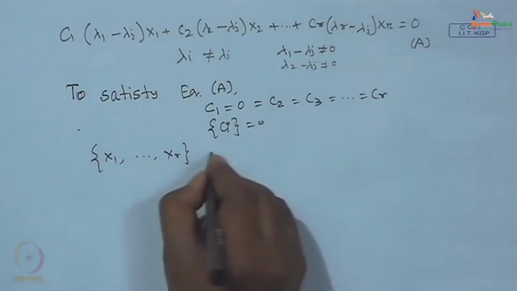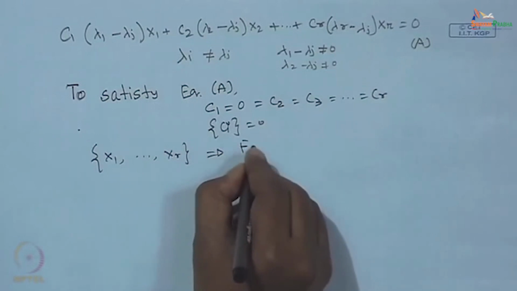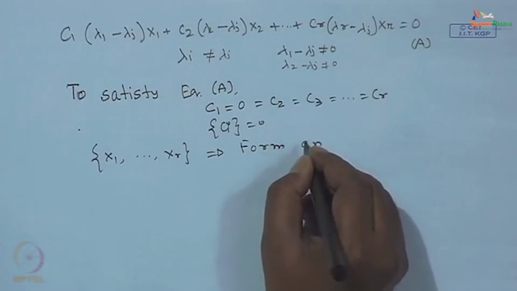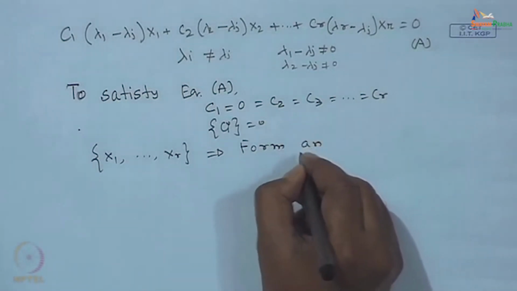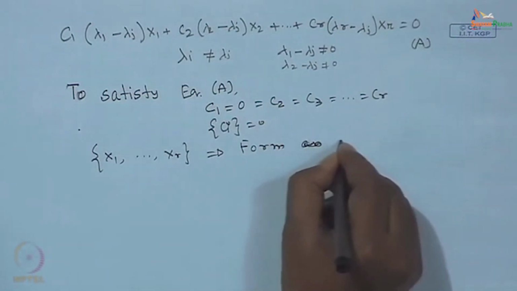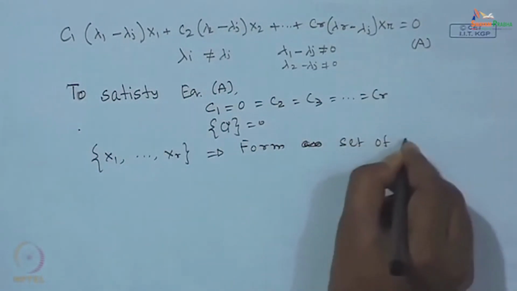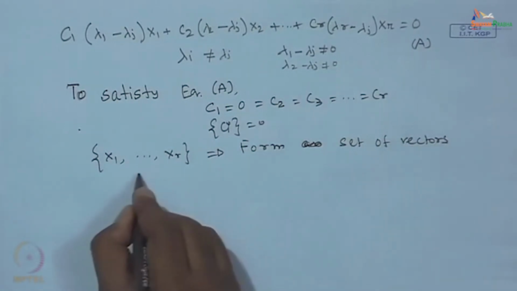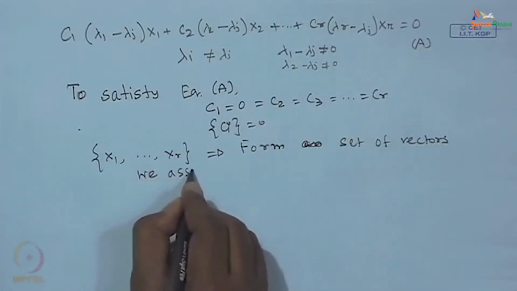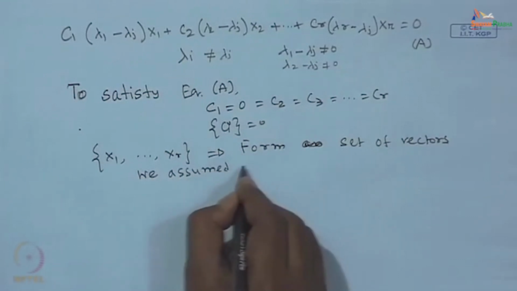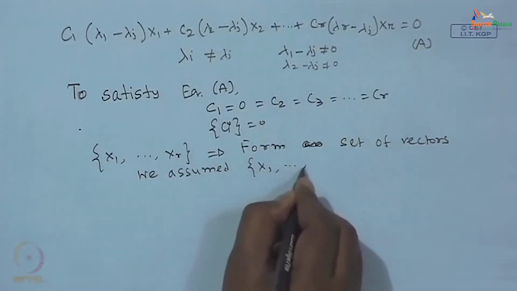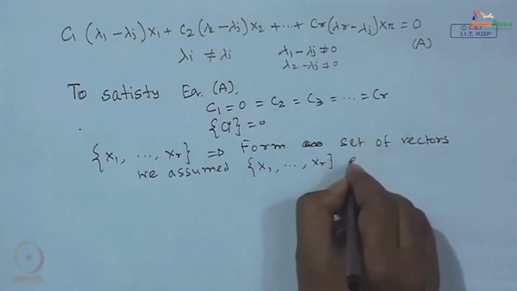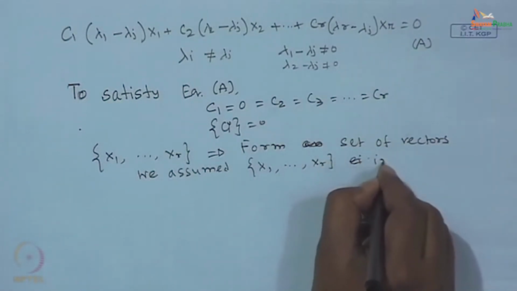Then x 1 to x r form a set of vectors, and we assumed these are independent eigenvectors.